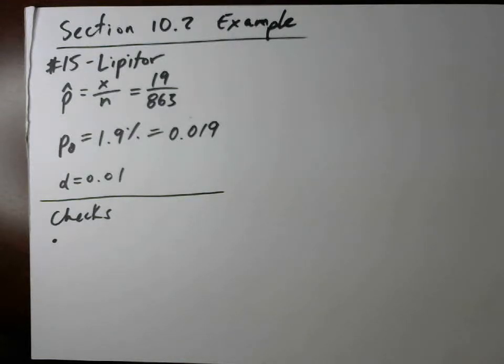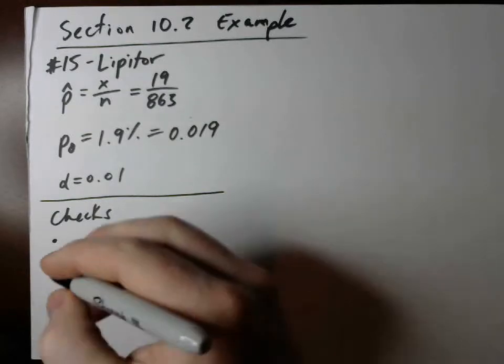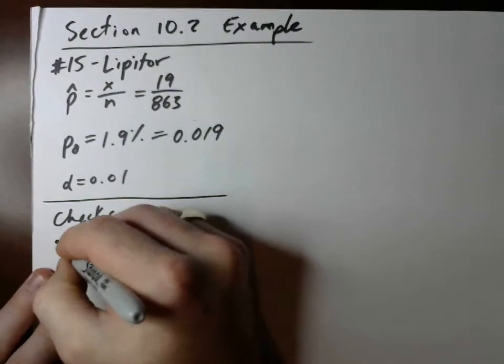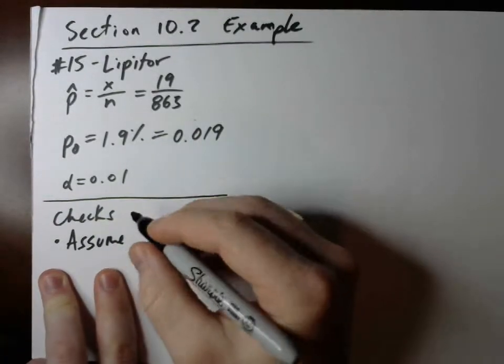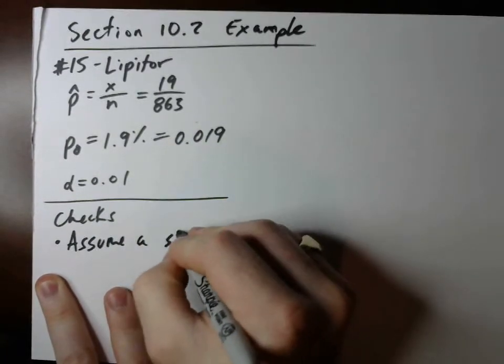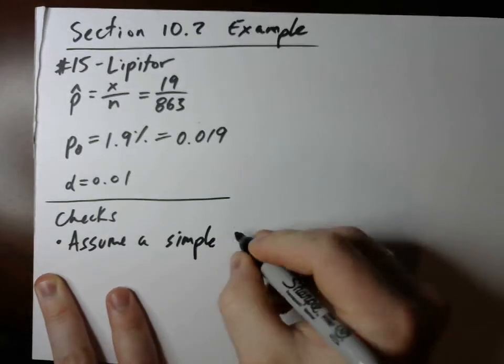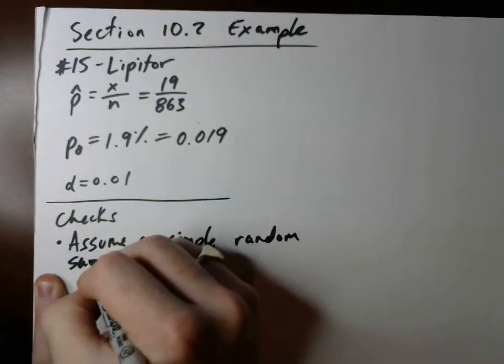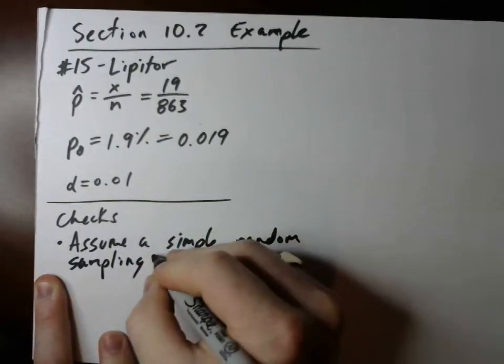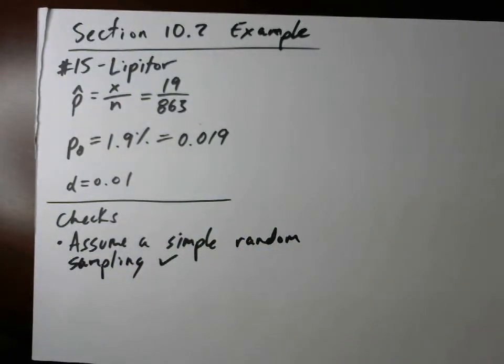But if it doesn't say how they did the sampling, we can just assume that they have a random sampling. So you can just say, if it doesn't mention anything about it, assume a simple random sampling. Check. We got that one done.